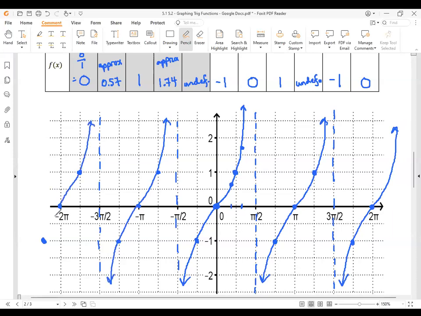Doesn't that look cool? Either cool or trippy, depending on how you approach it, but that's a tan function.